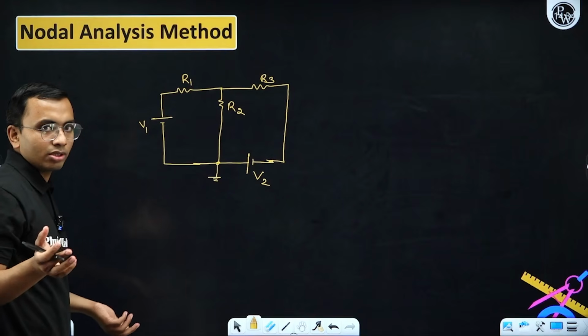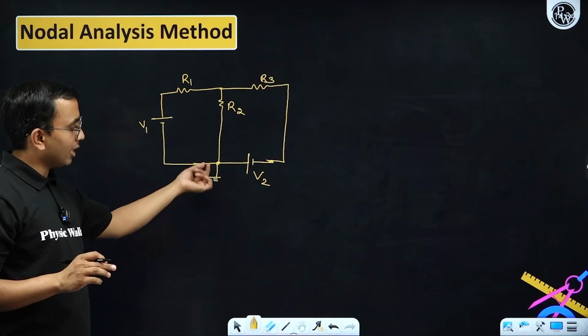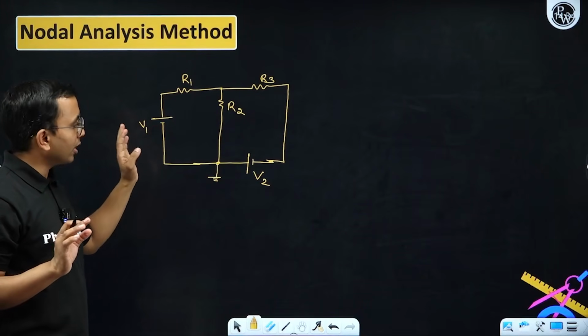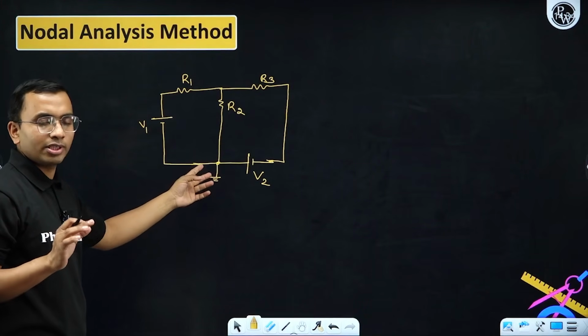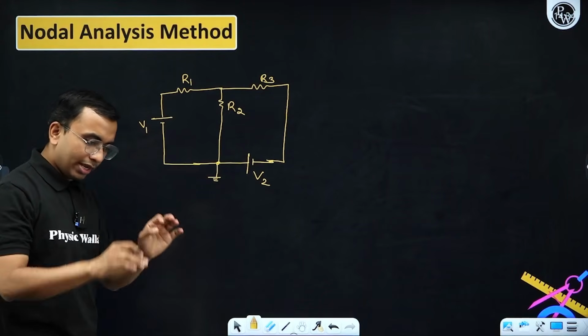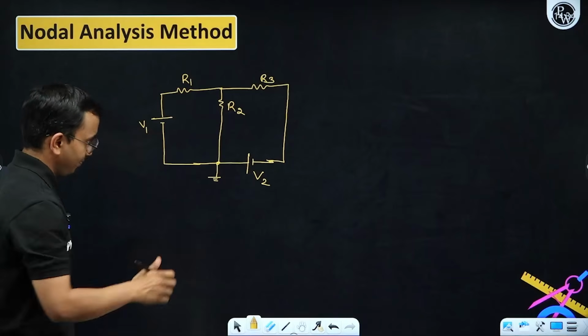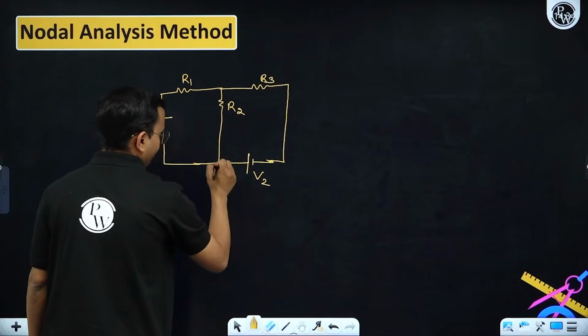Grounded means zero potential. Consider this particular point at 0 volt. Will this make any change in the circuit? No. Why did I consider it? Such that I defined one point as my reference, and I can write the potential of other points with respect to that. So this I am considering as 0.